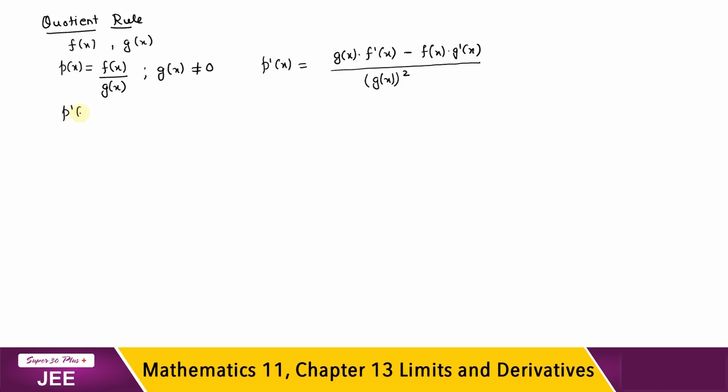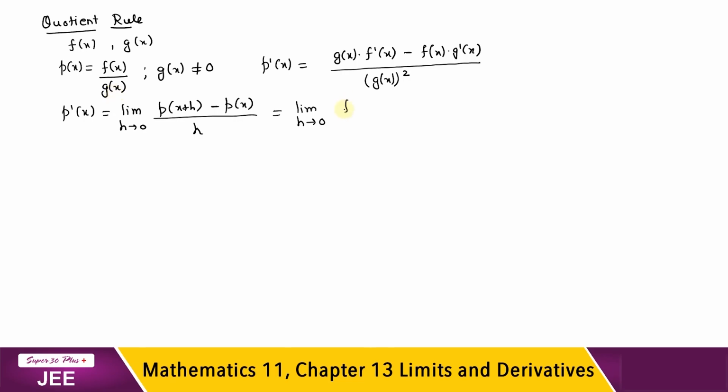So p dash x according to the first principle of derivative can be written as limit h tending to 0, p of x plus h minus p of x whole divided by h. Now this becomes equal to limit h tending to 0. P of x plus h means over here we will have to replace x with x plus h.